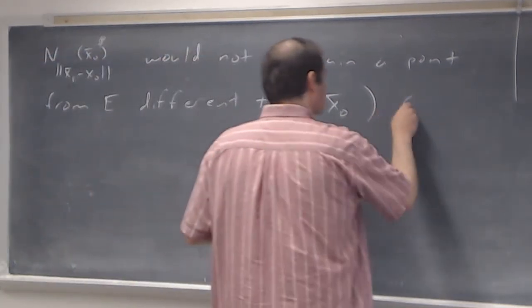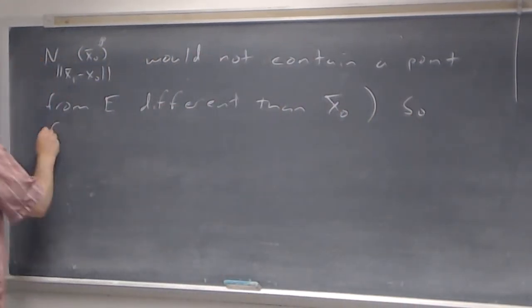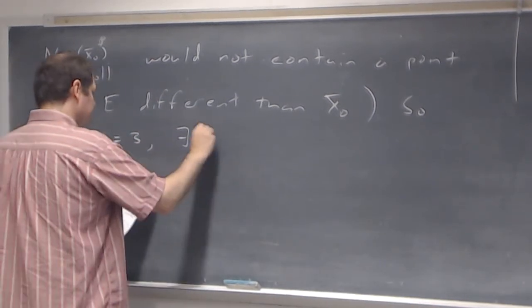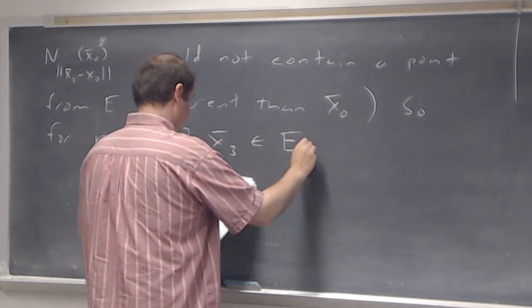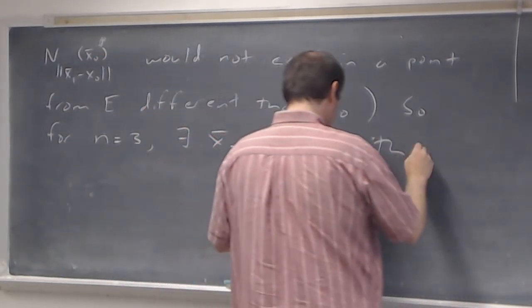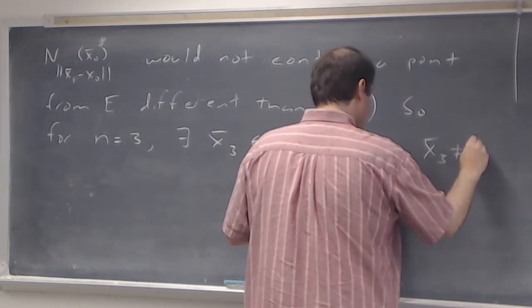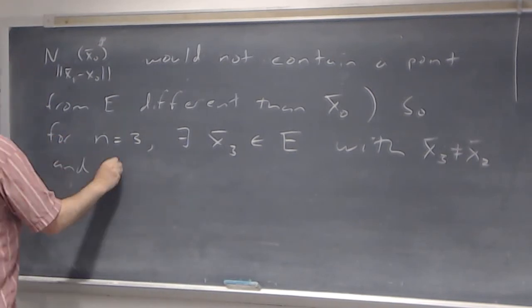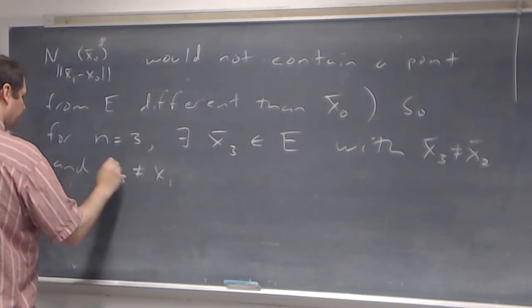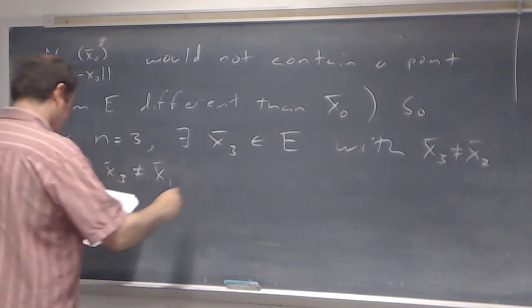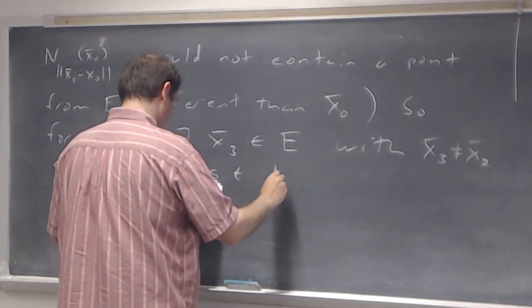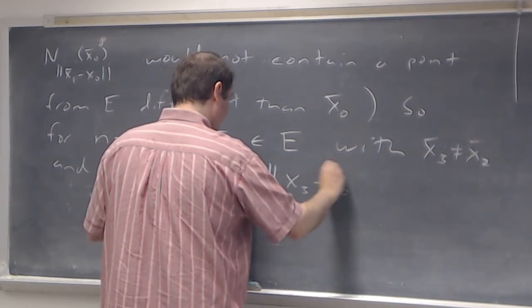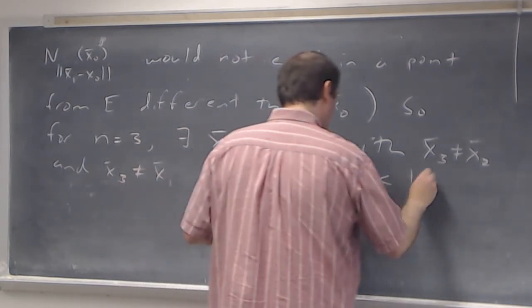Okay, we can continue this. So for n equal to 3, there exists x sub 3, an element of E, with x sub 3 being different than x sub 2 and x sub 3 being different than x sub 1, such that the distance between x sub 3 and x sub naught will be less than 1/3.